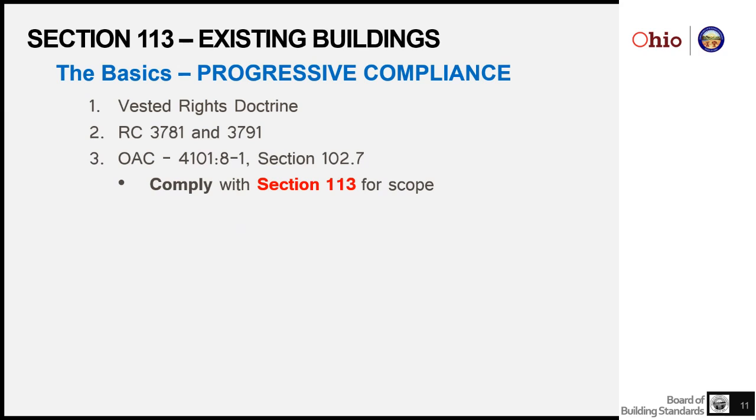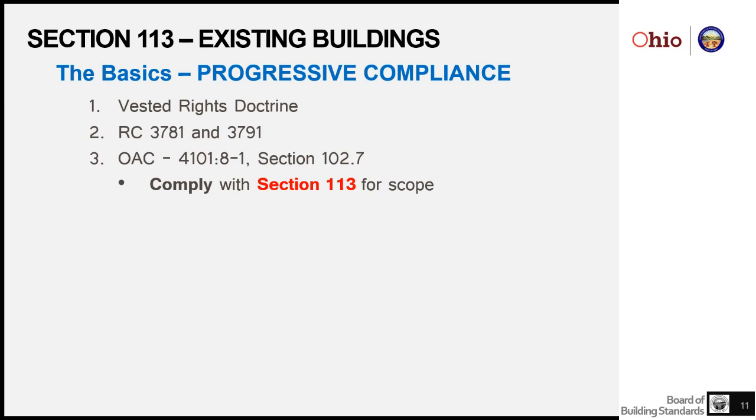This all works and builds into a concept that we talk about as progressive compliance. When the code gets updated, new requirements may exist. Existing structures may not be compliant with the new code, but are still safe and sanitary to occupy. The owners aren't required to update their buildings to meet any of the new provisions. It's all acceptable.